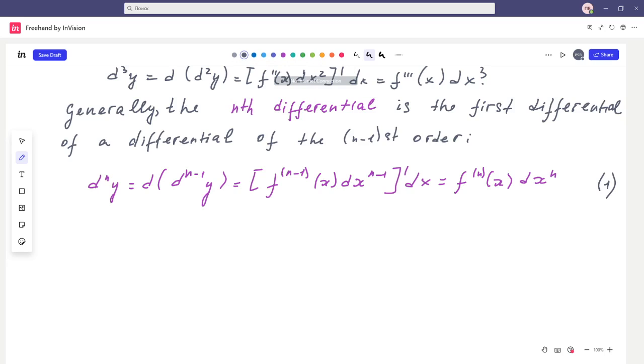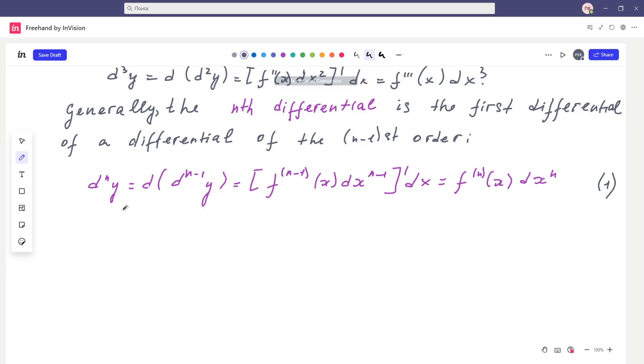Using differentials of different orders, the derivative of any order may be represented as a ratio of differentials of the appropriate order.